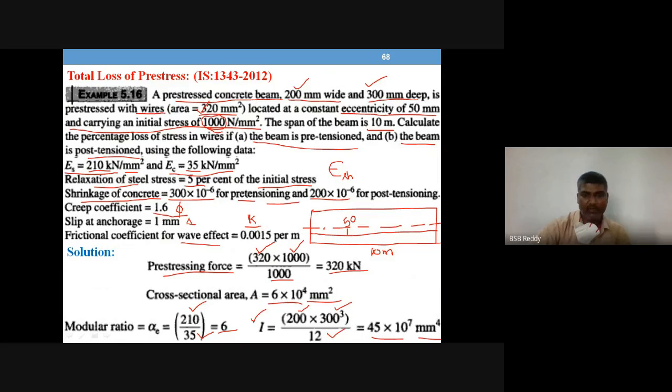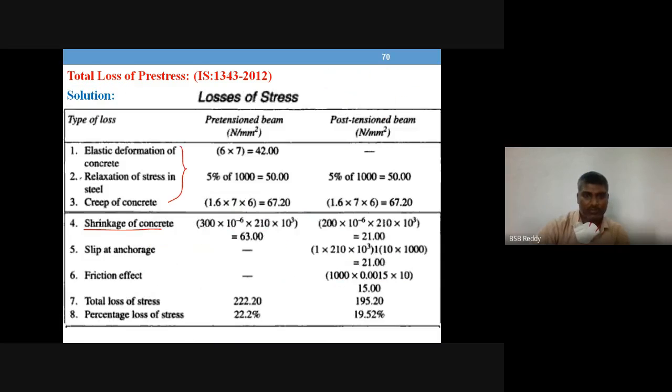In pre-tension it is higher, in post-tension it is a little lower: 300 into 10 power minus 6, and 200 into 10 power minus 6. Strain into Young's modulus will give you the stress value. So for pretension, use 300 into 10 power minus 6, and for post-tension, use 200 into 10 power minus 6.